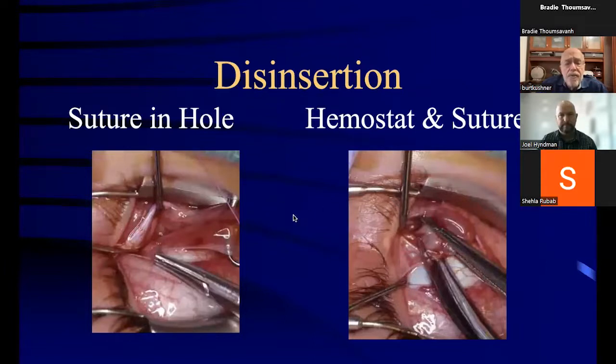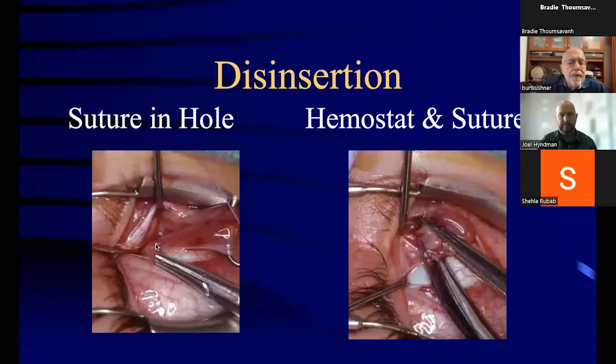And Marshall Parks popularized the recession, but he used to like to suture, I call it suturing in the hole. Here's the inferior oblique still attached to the globe, and he passed the suture in the muscle there. I find that a little more risky than is necessary. We're actually kind of near the macula there.